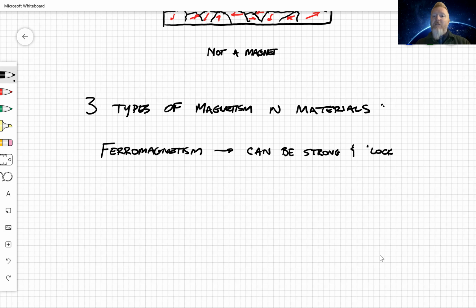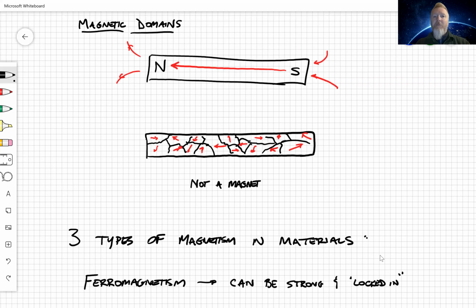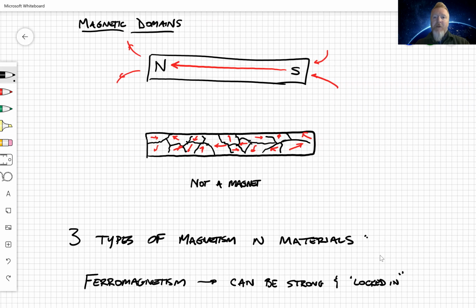I'll say locked, because if you have a ferromagnet and you've made it a magnet, you have locked the domains. Go back up to this picture. Look at the second picture here, and you can see that these are randomized. To get this to become a magnet, like in the top picture, ferromagnetism is an idea of how the atoms and the domains are locking together. So you have to get them unlocked.